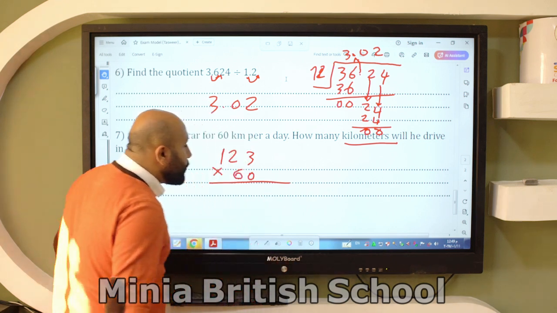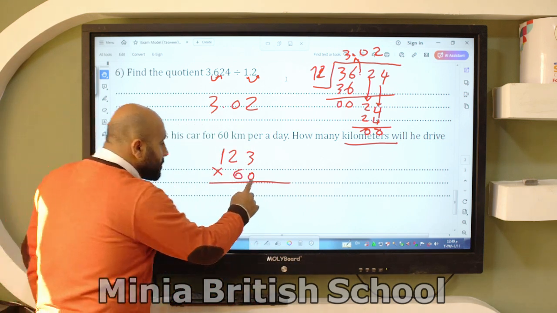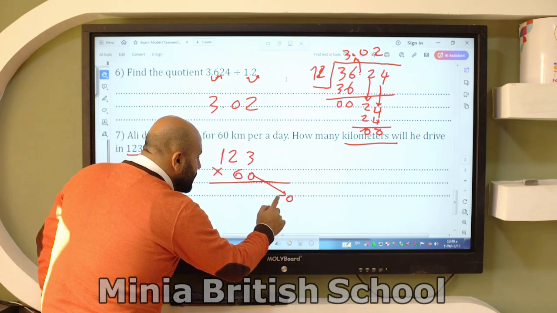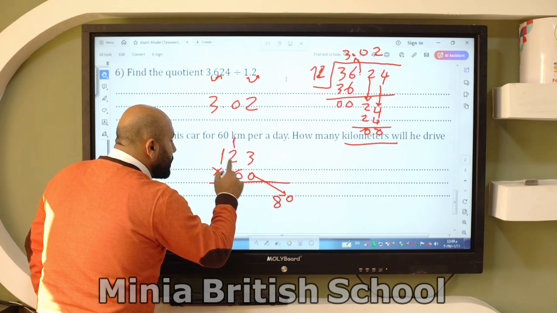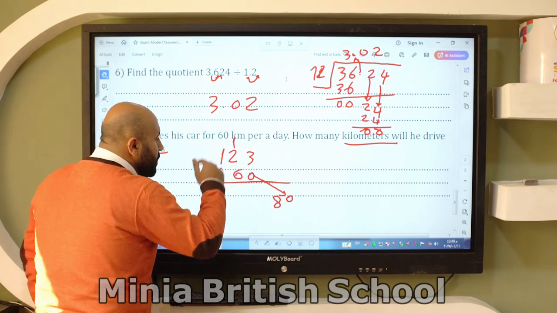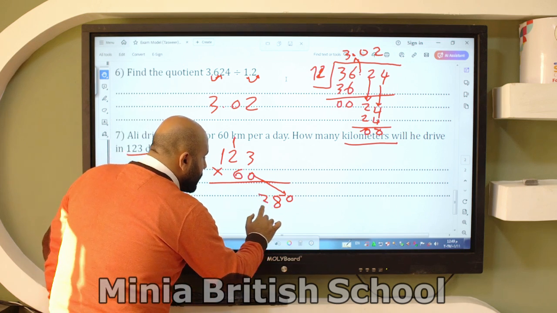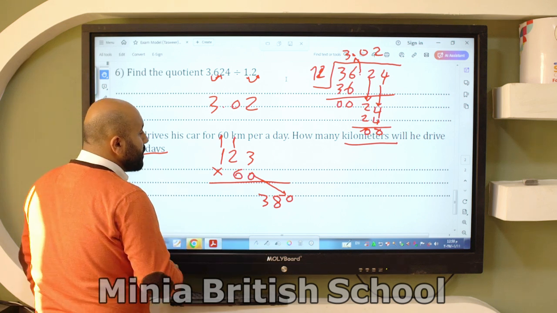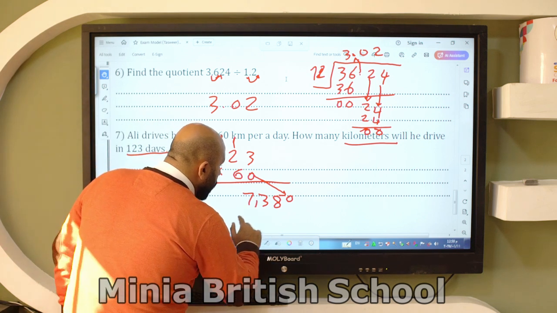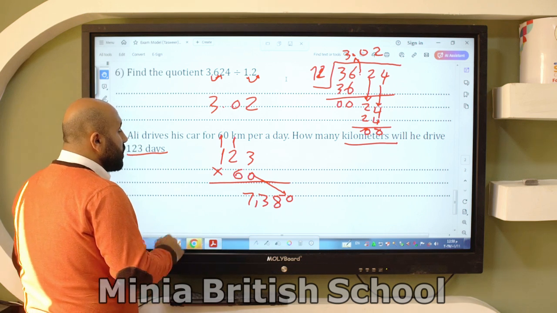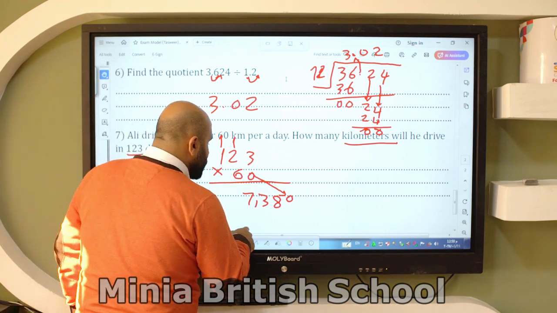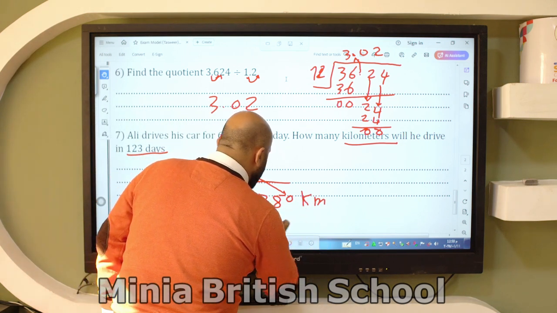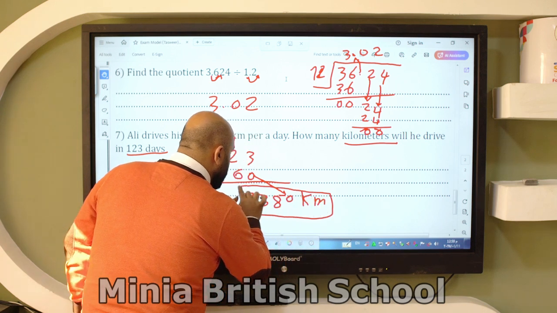And I think most of you know I will times it by 60, so drop the 0 right there. 6 times 3 equals 18. 8, carry up 1. 6 times 2 equals 12, plus 1 equals 13. 3, carry up 1. 6 times 1 equals 6, plus 1 equals 7. So Ali drives his car for about 7,380 kilometers, and this is our final question.